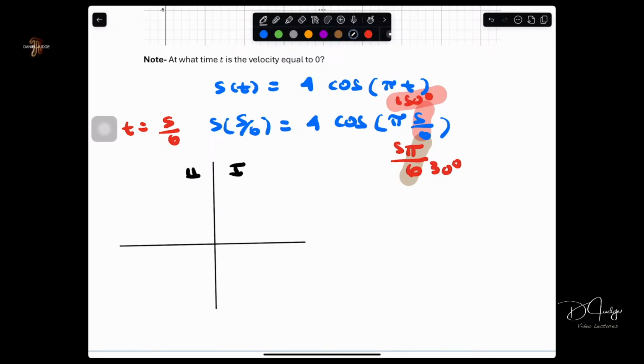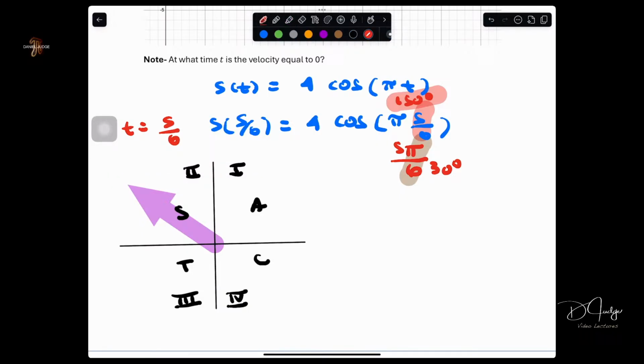Region 1, Region 2, 3, and 4, all students take calculus, where 150 degrees is in quadrant 2.